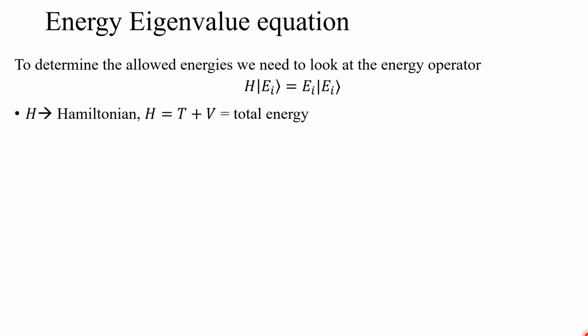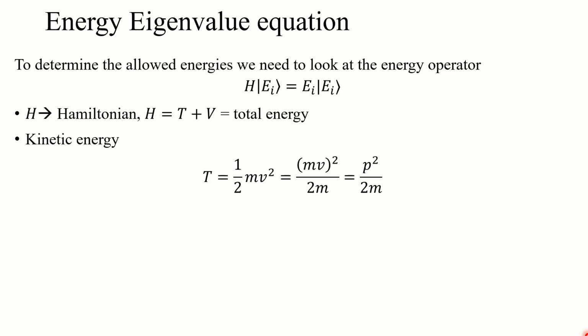We've mentioned previously, and if you took Physics 320 with me, or maybe another advanced classical mechanics course, the Hamiltonian can be written for natural systems anyway as the kinetic energy T plus the potential energy. It's essentially just the total energy in classical mechanics. The kinetic energy is 1/2 mv squared, or if we want to write it another way, that can be (mv)^2 divided by 2m, which is just the momentum squared over 2m.